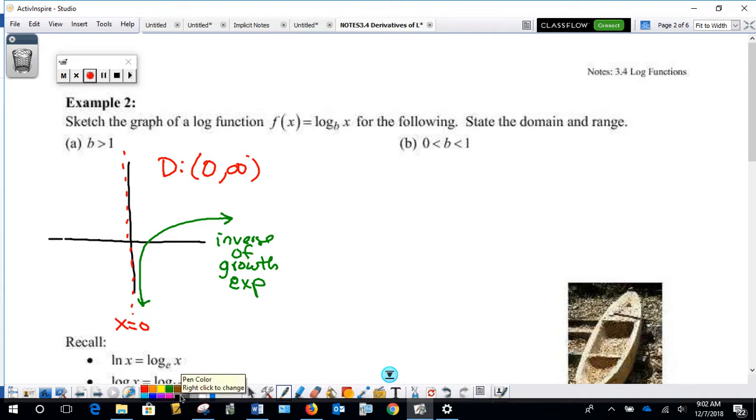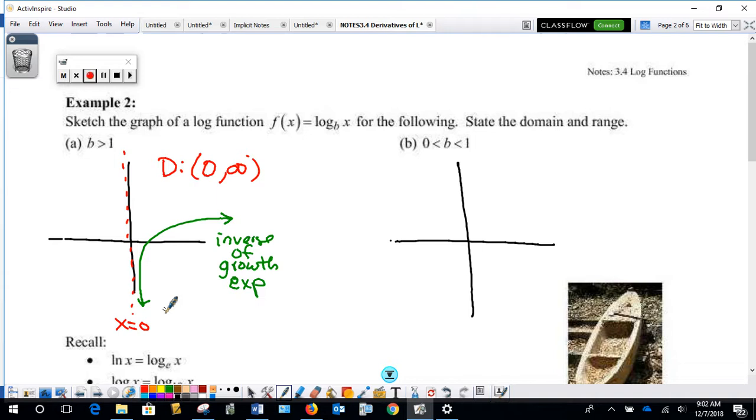Likewise, if I come over here and I'm doing the base between 0 and 1, that is the inverse of a decay exponential. So you want to imagine the decay and imagine flipping the decay over. Okay. And if it helps, how was the exponential decay related to the exponential growth? What transformation would you have done?